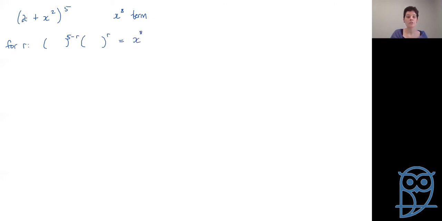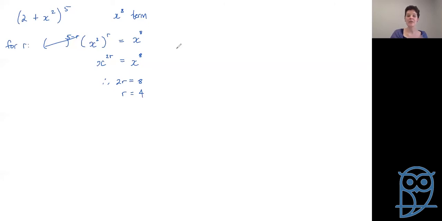In our first position, we have a 2, so we're not going to use it. In our second position, we have an x. Coefficient is 1, exponent is 2. So we need x squared. So again, laws of indices, to the power, we're going to multiply those powers. x to the 2r equals x to the 8. Therefore, 2r equals 8, r equals 4.